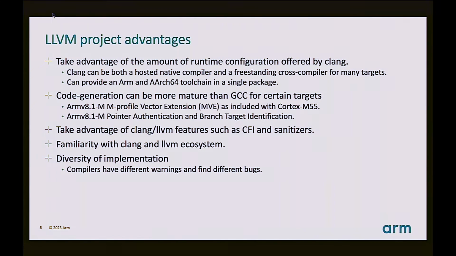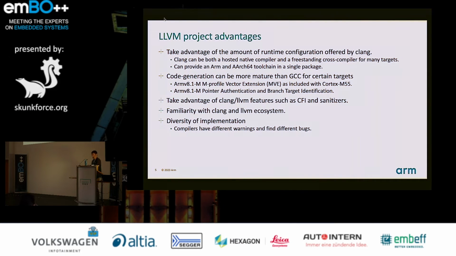One of them is the amount of runtime configuration that you have with Clang. With GCC, when you are building GCC, a lot of the configuration parameters are baked into that compiler. So with a single GCC executable, you can't target Intel, ARM, and AArch64 within the same binary.